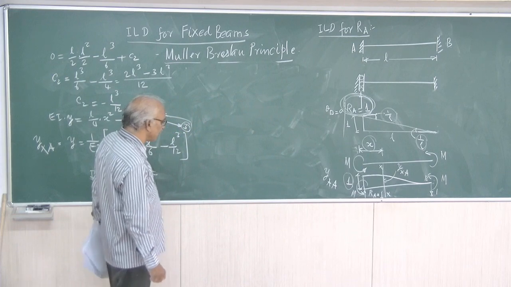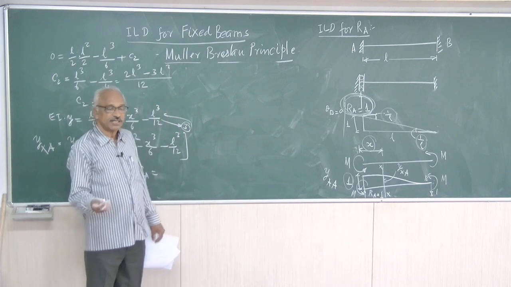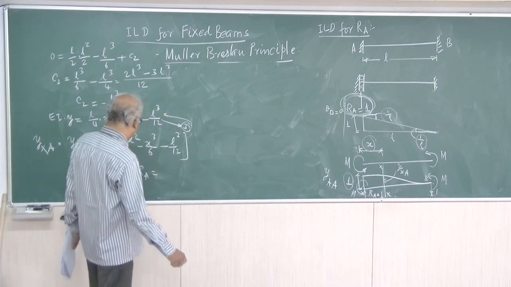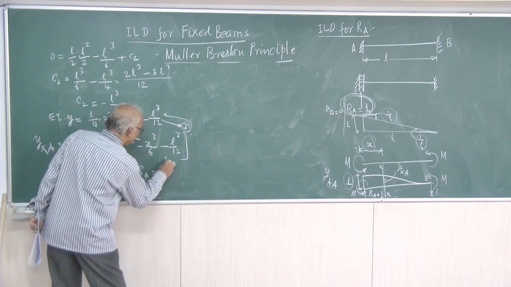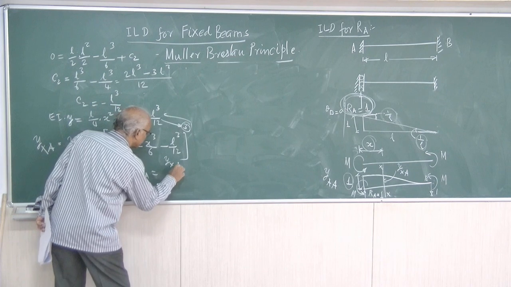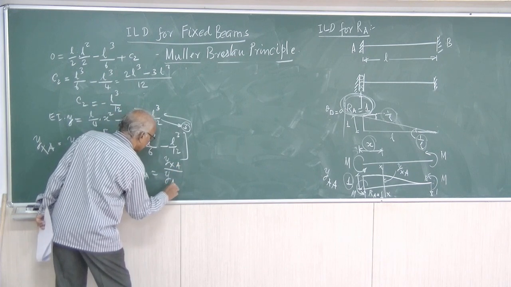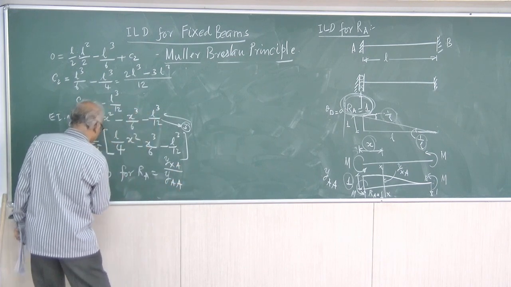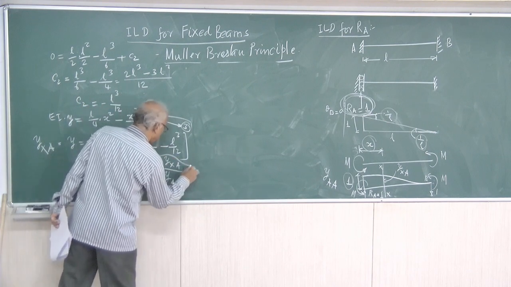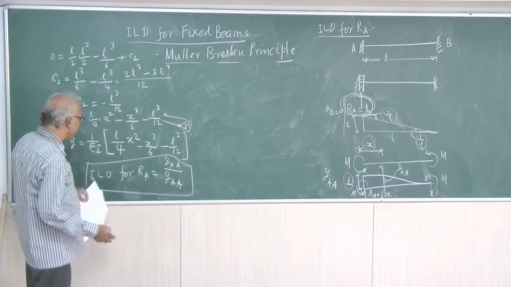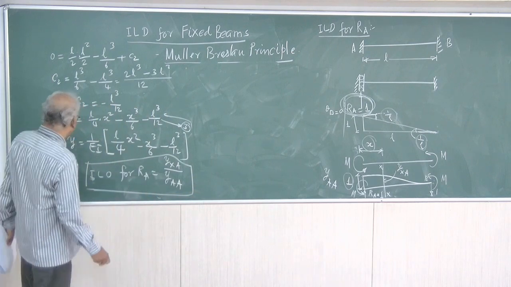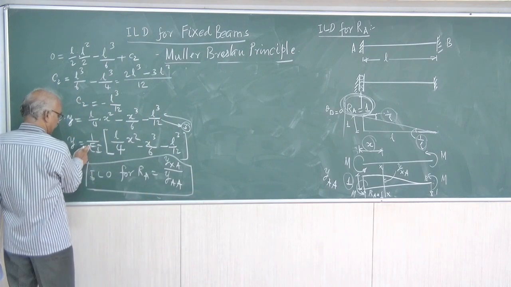For getting the value of Yaa, the value of x is to be 0. Therefore, RA equal to Yxa by Yaa. This is the Muller-Breslau principle. Now, Yxa we have got.